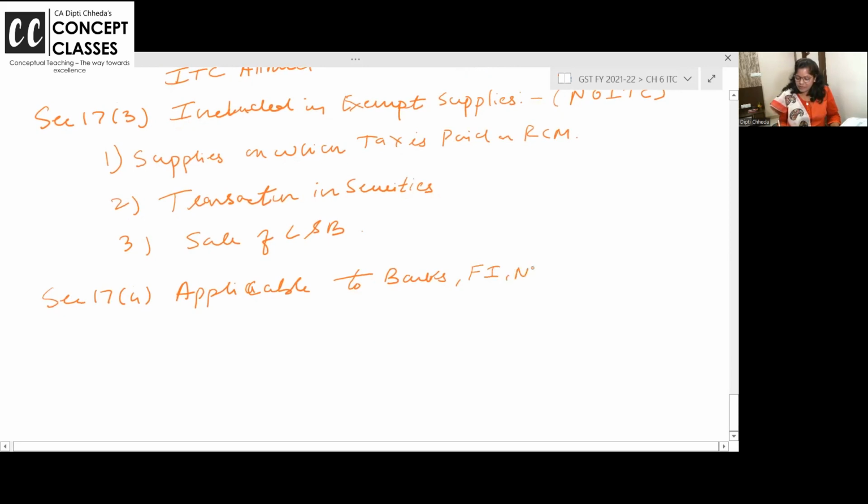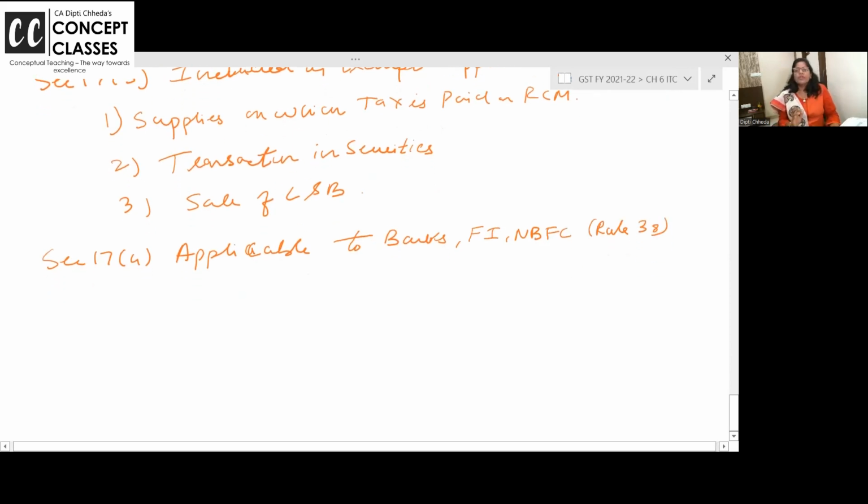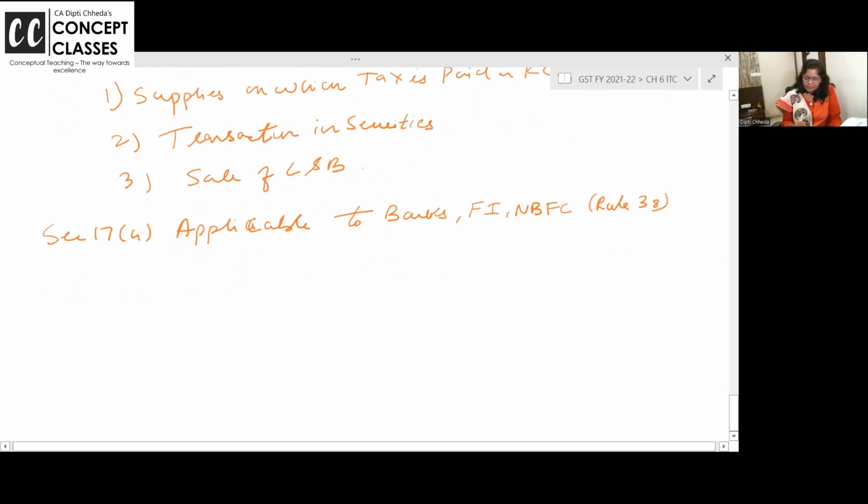Financial institutes, NBFCs, and this is talking about Rule 38 along with section 17(4). Sections I am saying for the flow. If you don't remember, it's okay. Applicable to banks, financial institutes, NBFCs, Rule 38.